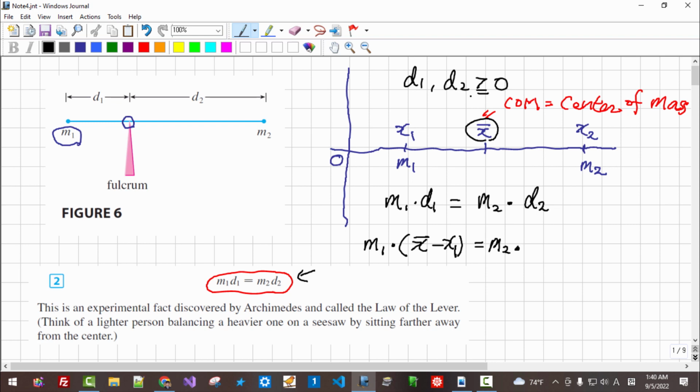D2 should be greater than 0, so we have to subtract from x2 minus x bar. We move the left side to the right.